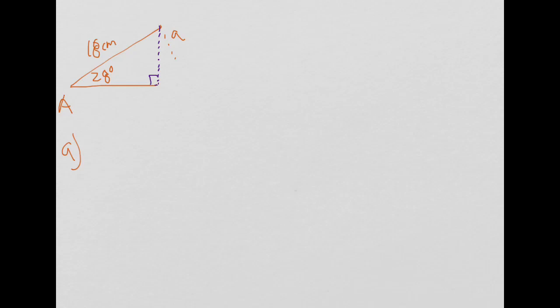So let's do some right triangle trig here. That side A is the opposite side from that angle 28, and we have the hypotenuse. So sine of 28 equals opposite, which is our A value, over the hypotenuse, 18.